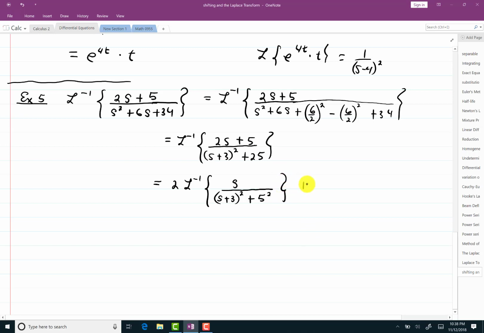And then I have plus 5 times the inverse Laplace of 1 over s plus 3 squared plus 5 squared.